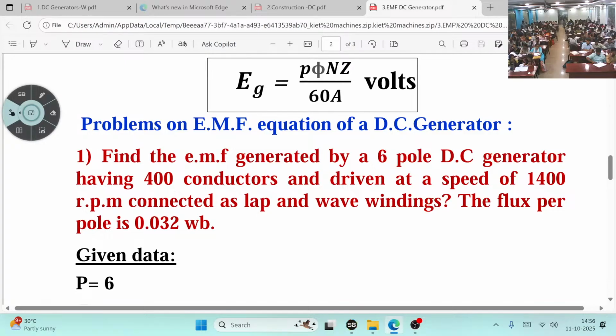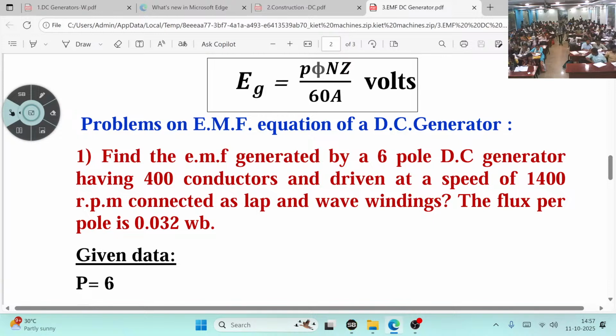Find the EMF generated in the DC generator having 400 conductors and driven at a speed of 1400 RPM, connected as lap winding as well as wave winding.